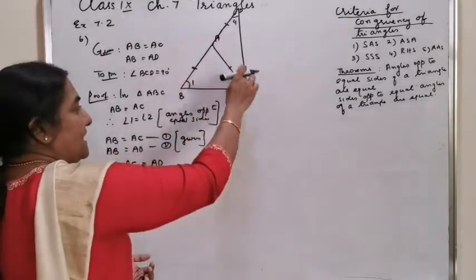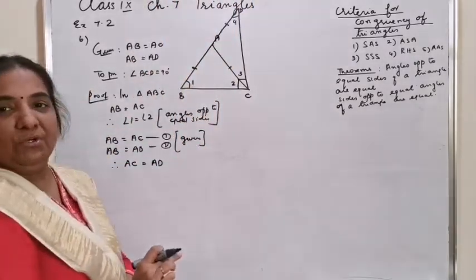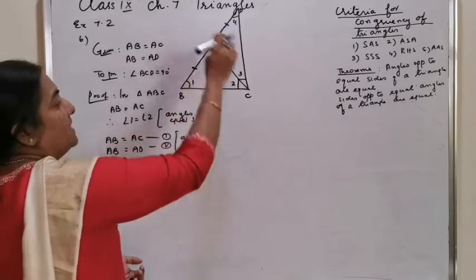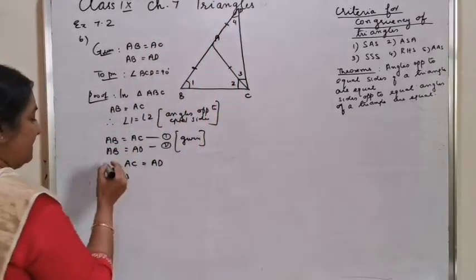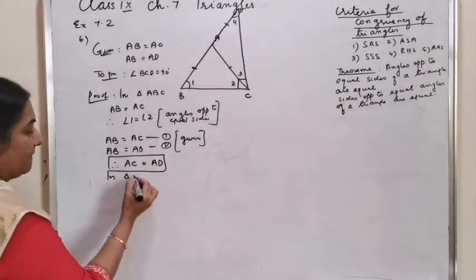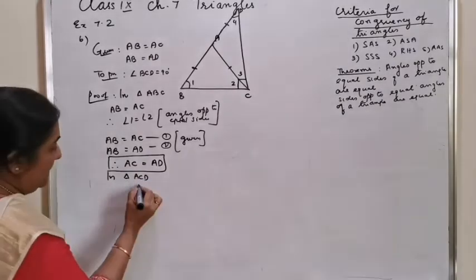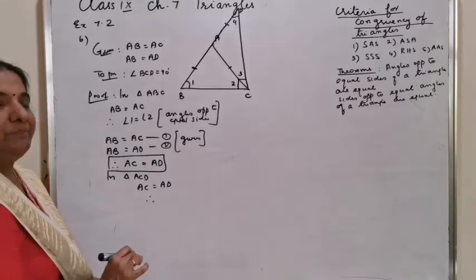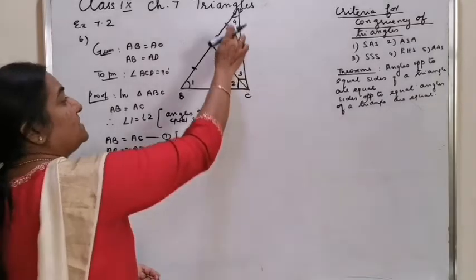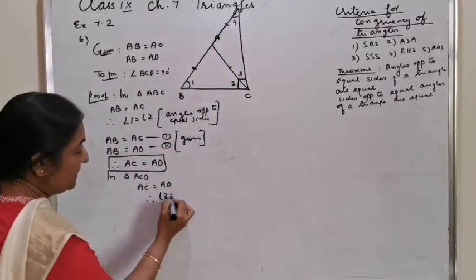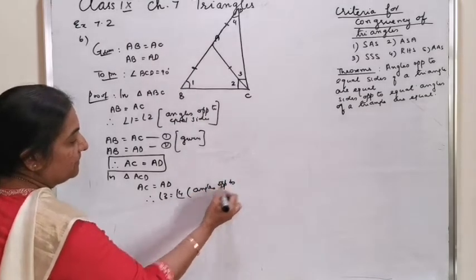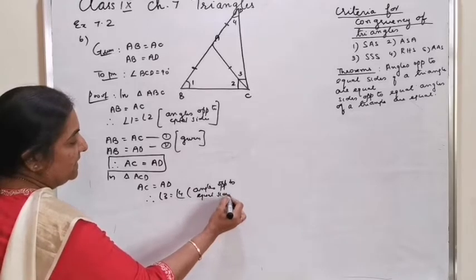In triangle ACD, AC is equal to AD. Therefore, what is the condition? Angle 3 is equal to angle 4. The same reason as angles opposite to equal sides.